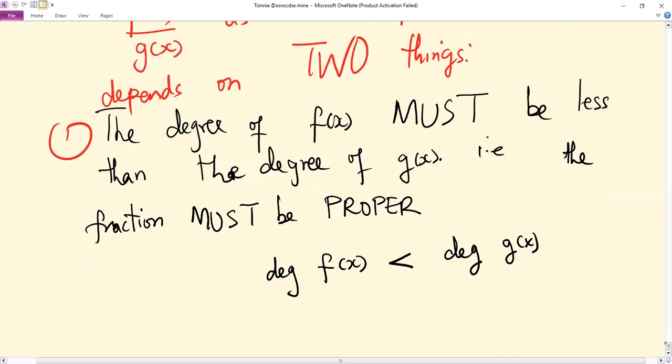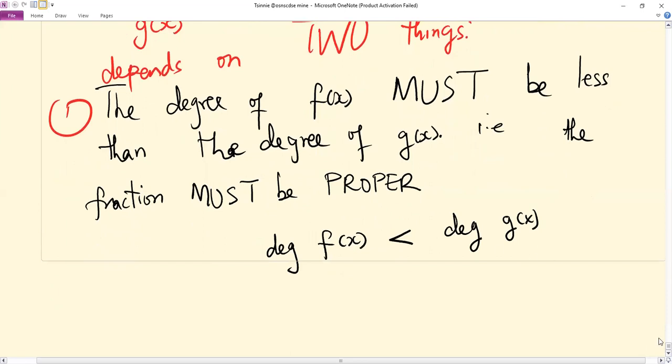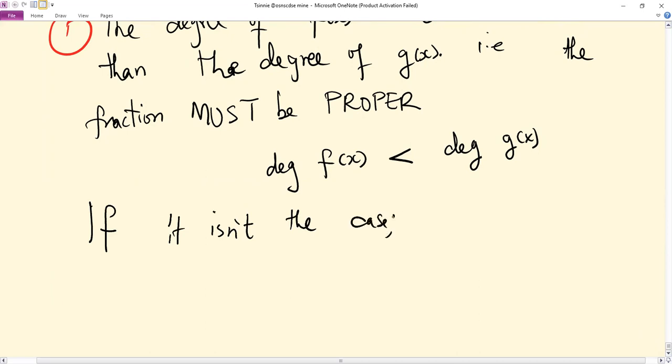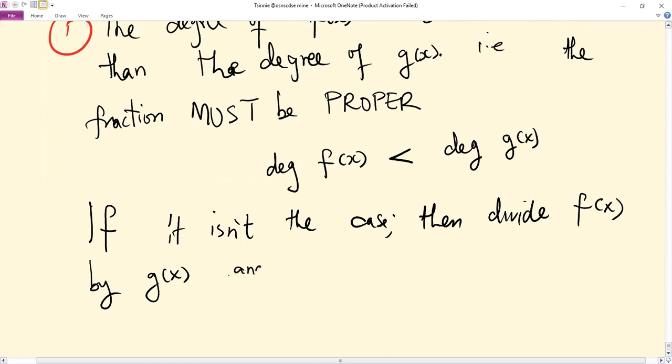If this is not the case, that the degree of the numerator is strictly less than, not less than or equal to, but strictly less than, then divide f of x by g of x and work with the remainder. That is always the first thing that you must ensure.